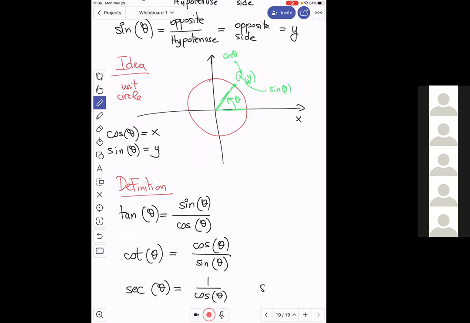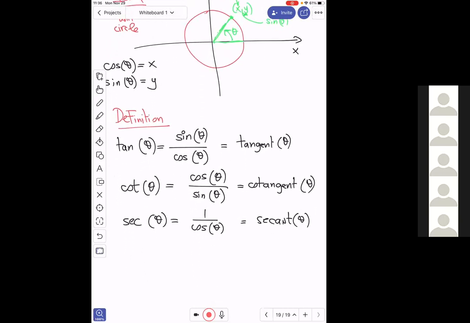So we have tangent, cotangent, secant, and cosecant of theta, which is 1 over sine.